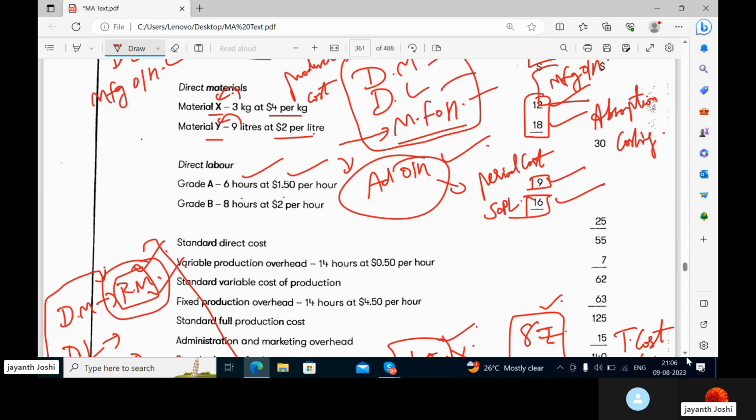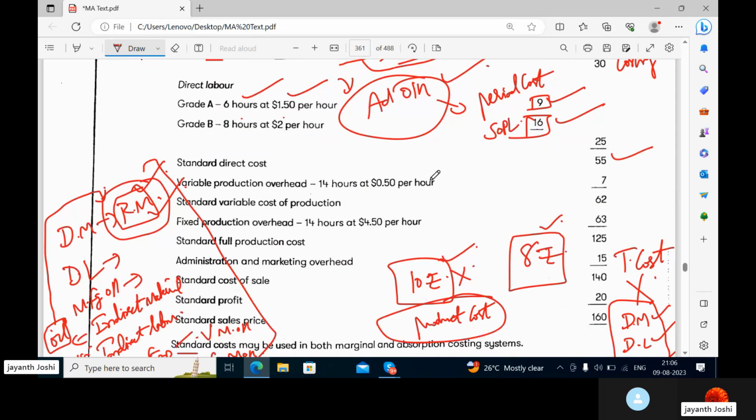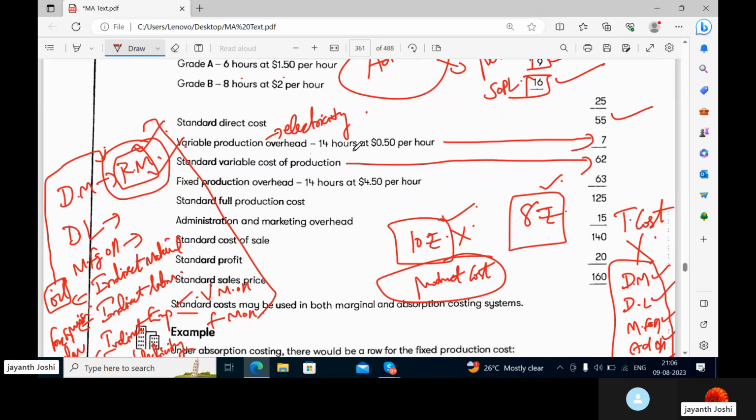Then you have the direct cost, and you have variable production overheads. An example can be electricity cost. Then you have the standard variable cost of production, and here this is the standard cost we are going to find. This is the estimate we are making for a product which we are going to produce. An estimate is nothing but finding out the product cost beforehand.